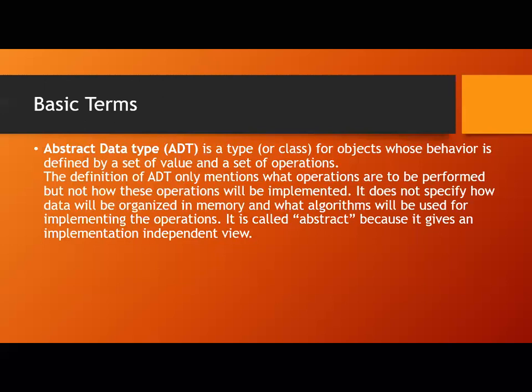All right. So as Travis alluded to earlier, and I believe it was Deidre that was talking a while ago, even though we didn't really hear what you said clearly. So we're saying that an abstract data type is a type, or a class for objects whose behavior is defined by a set of values and operations.